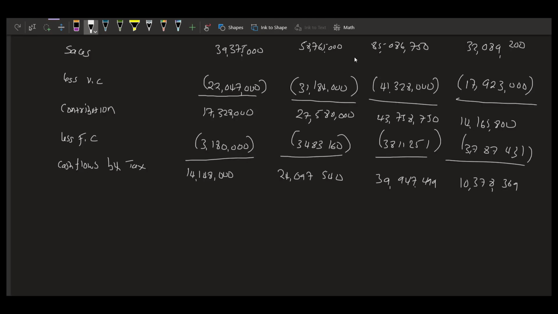Less tax at 30%. If I take 14,148,000 times 30%, I get 4,244,400. So we less 4,244,400.